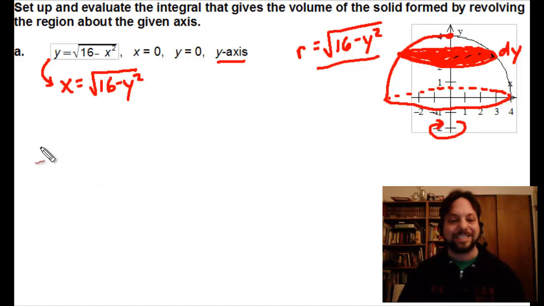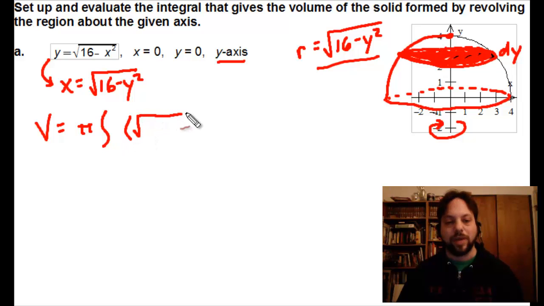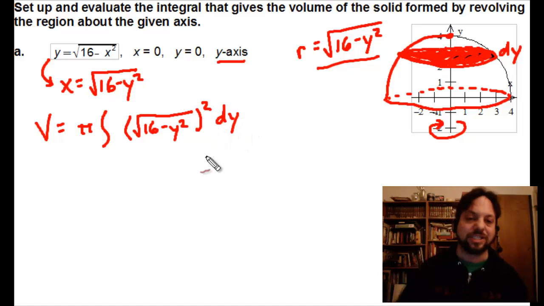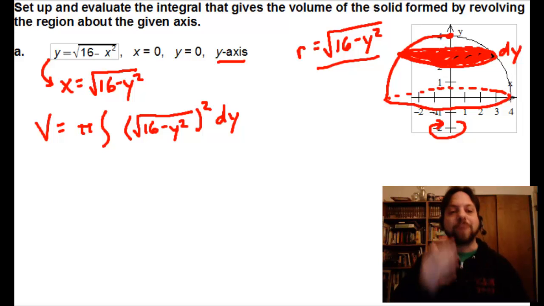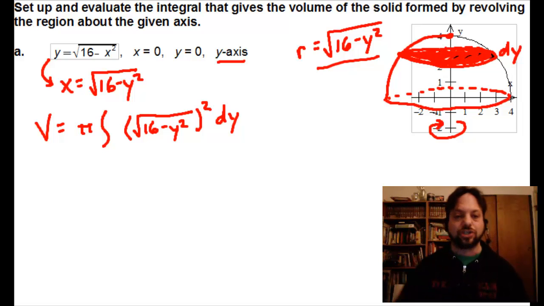So if we go ahead and set this up, what we're going to find is that the volume is pi times r squared. Here is my radius, square root of 16 minus y squared. I will square that, and I'll include dy essentially as the height. If you want to think of these as cylinders, it's not traditionally done that way, but if you like, we have pi r squared h.